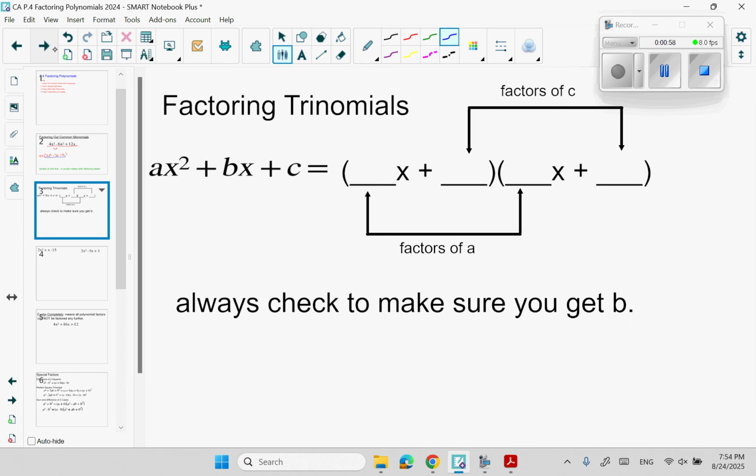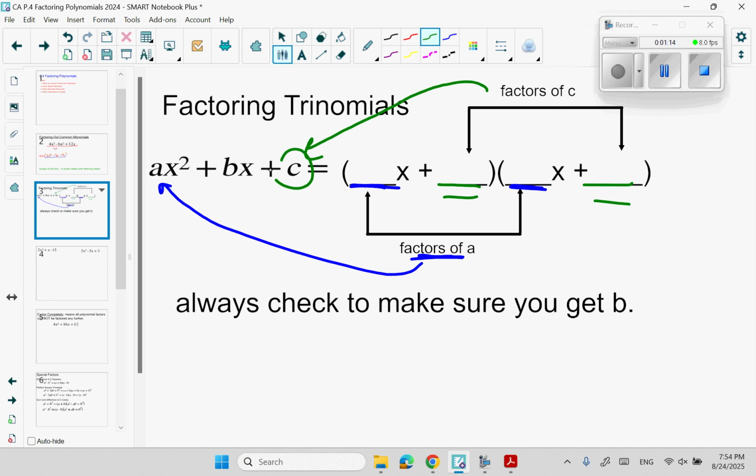When I factor trinomials, the first terms attached to my x want to be factors of a, aka they want to multiply to whatever number that is. And these numbers here want to be factors of c.